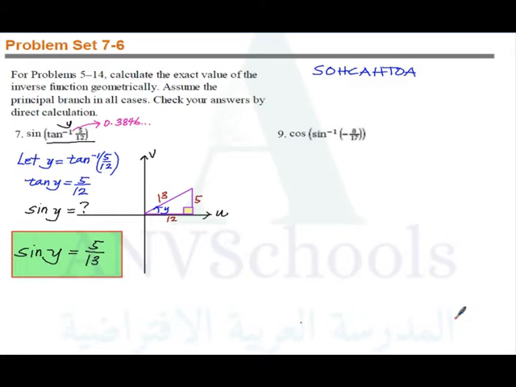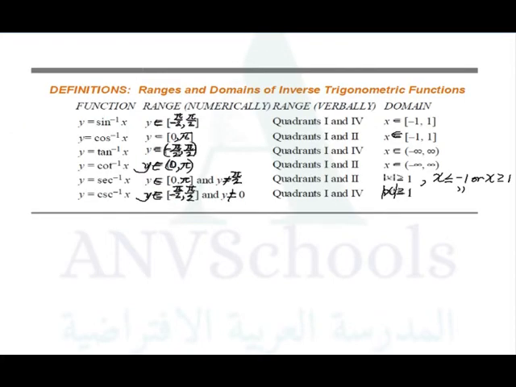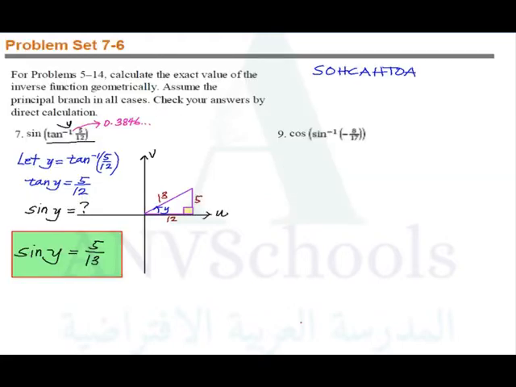Let's go to number 9. Cosine of the inverse sine, or the arc sine, of negative 8 over 17. So the principal branches of sine, taking a look back at this, is in quadrants 1 and 4. So we're going to take the principal branch on quadrant 4.